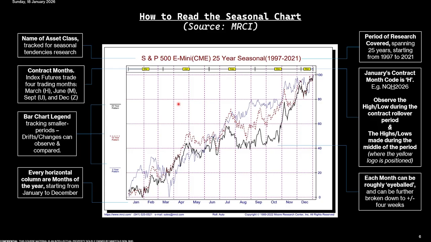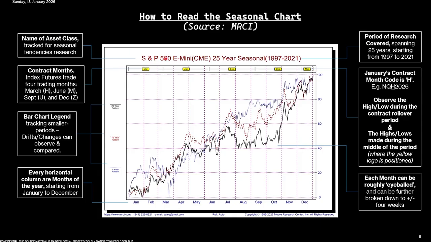The thing that is of particular interest that I like about the Moore Research Center's study on seasonality is the way that they presented the price charts themselves. It's very clear, right?